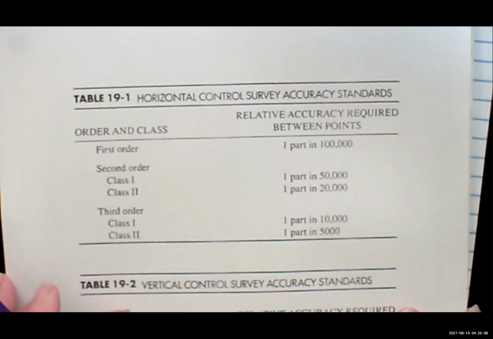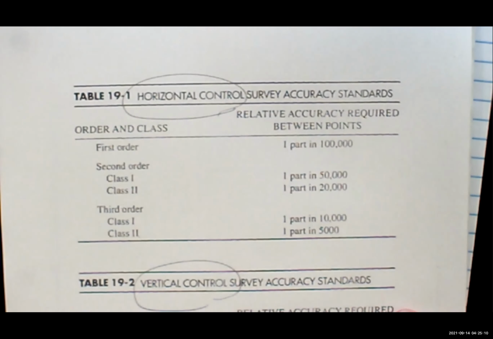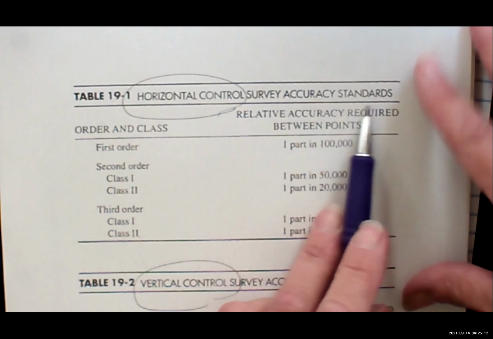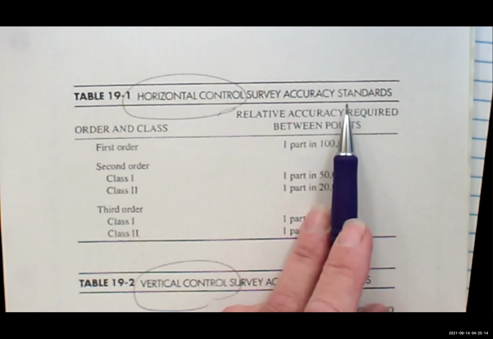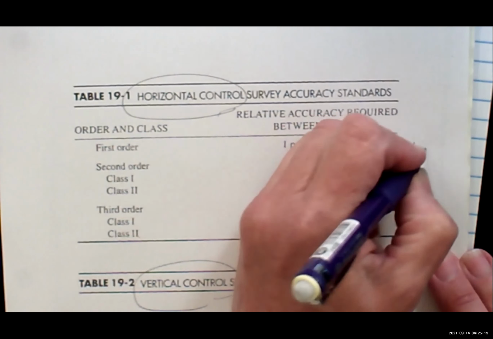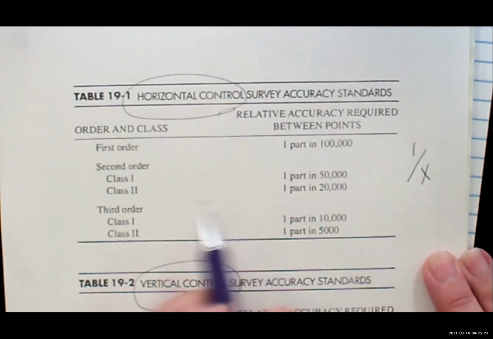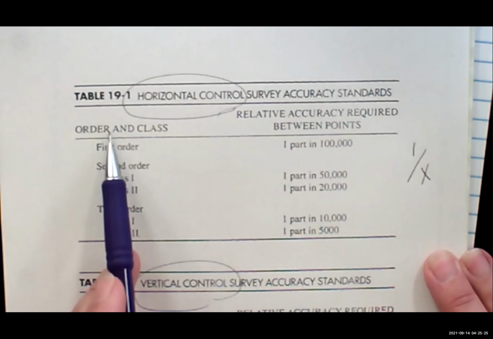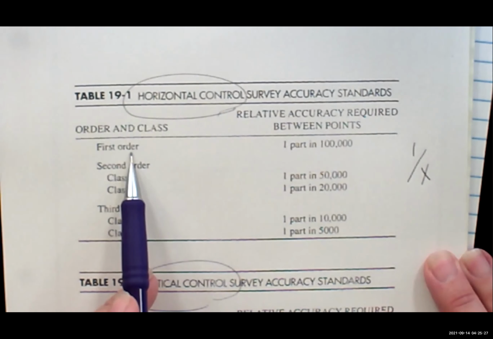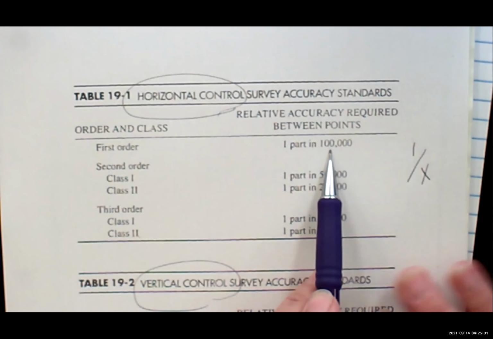So it says that with horizontal control and vertical control, survey the accuracy standards. So we already know that the error is 1 part per X, right? If it's a first order survey, you're allowed a 1 foot error in 100,000.